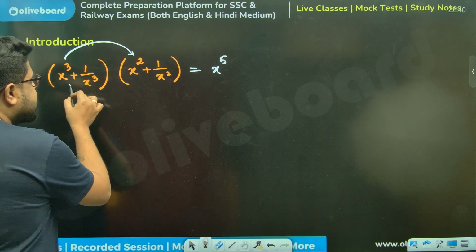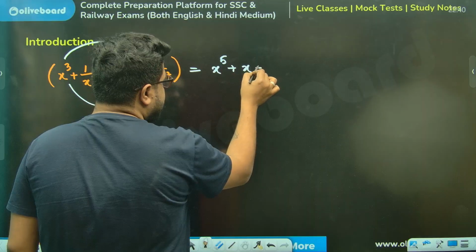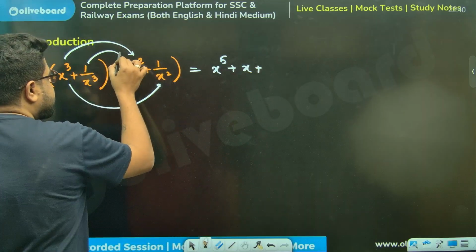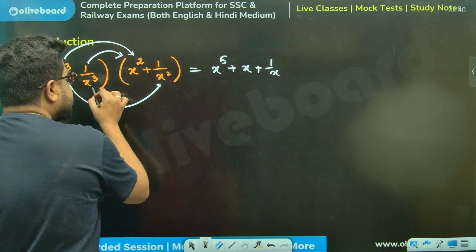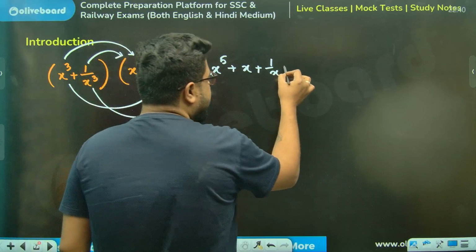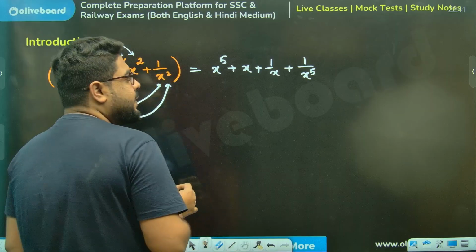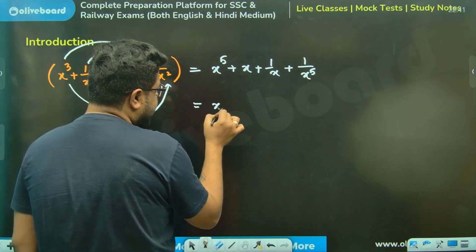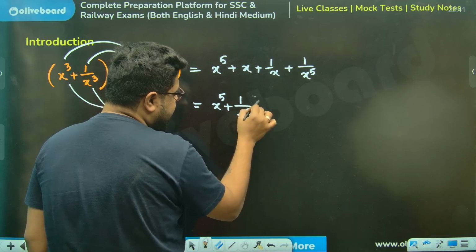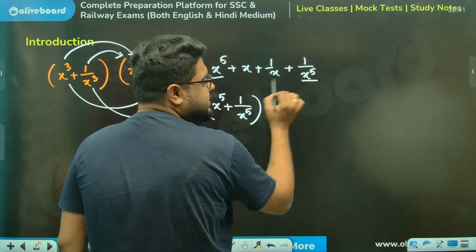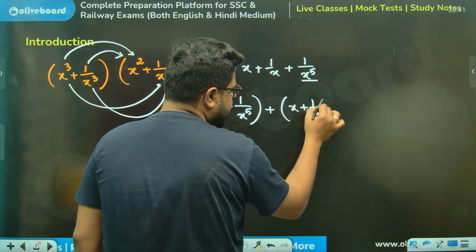Now again, this into this gives you, sir, x. Again, sir, this into this gives you 1 by x. This into this gives you this. Can I simply say, sir, if I just readjust their position, this and this, plus this is x plus 1 by x.